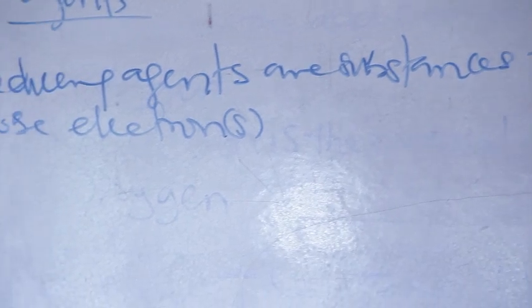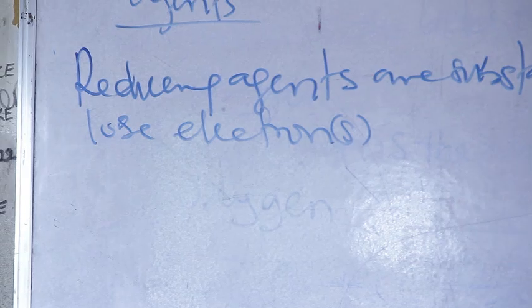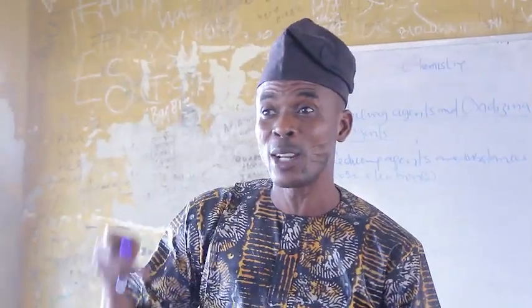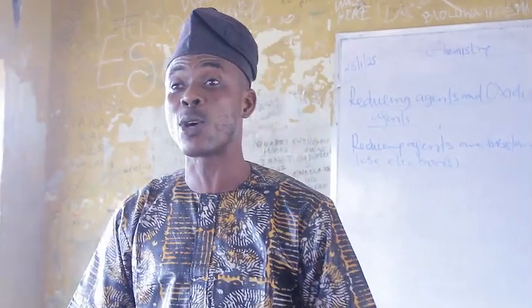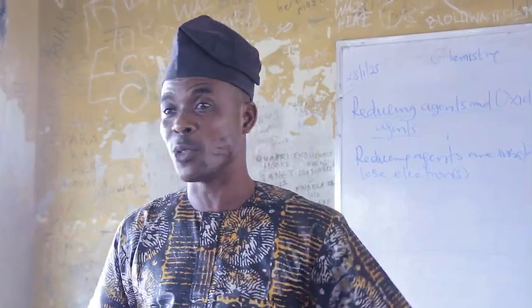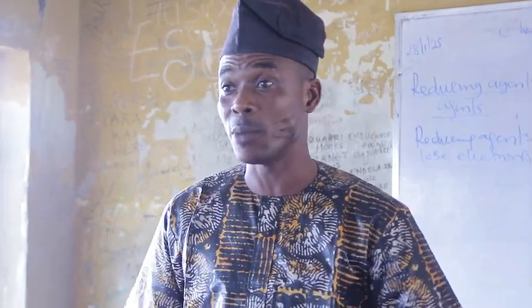In other words, you can say reducing agents are electron donors. Metals are reducing agents, because metals are those elements whose atoms are ionized by loss of electrons. So they are referred to as reducing agents. If we are asked to give an example of a reducing agent, you can mention metals: sodium, potassium, what have you.